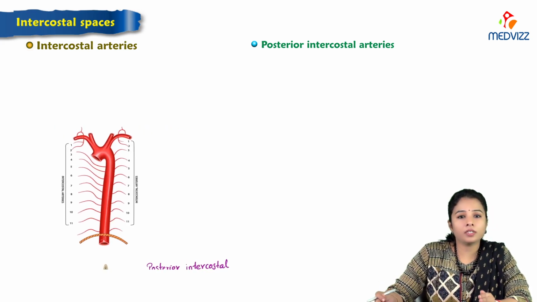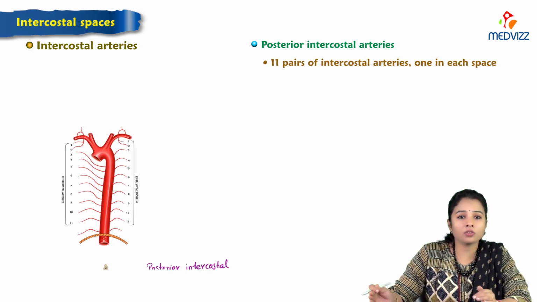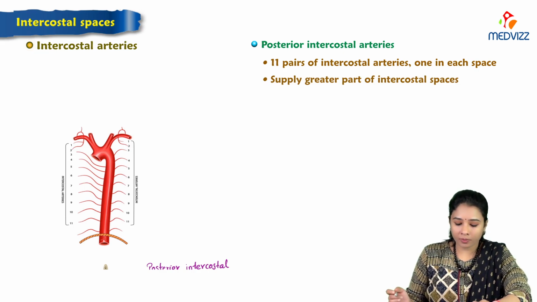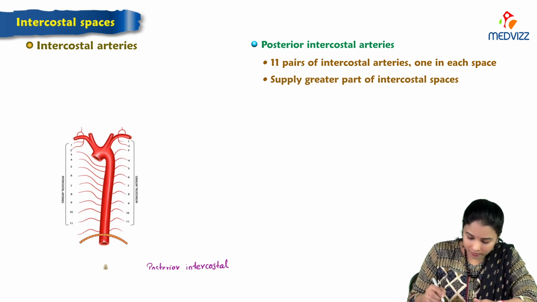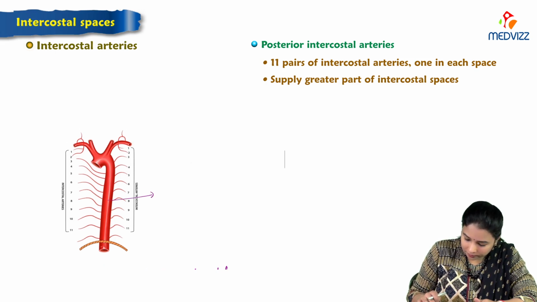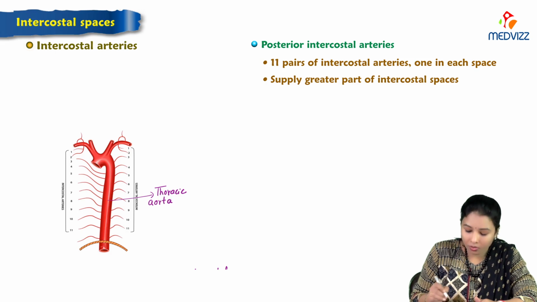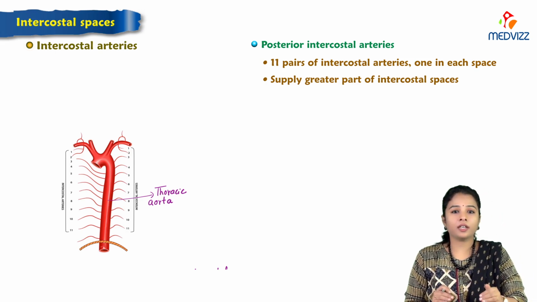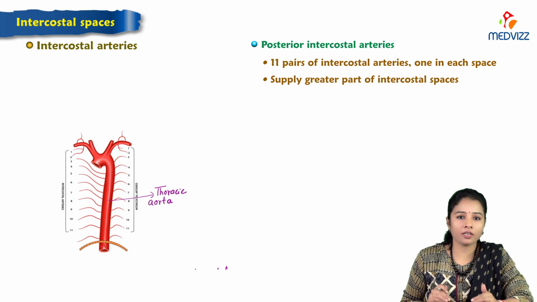So the total number, there are around 11 pairs of posterior intercostal arteries, one in each space. They supply the greater part of the intercostal space. So we can see the thoracic aorta, and on each side we can see it is numbered as 1 to 11, which are considered as posterior intercostal arteries.